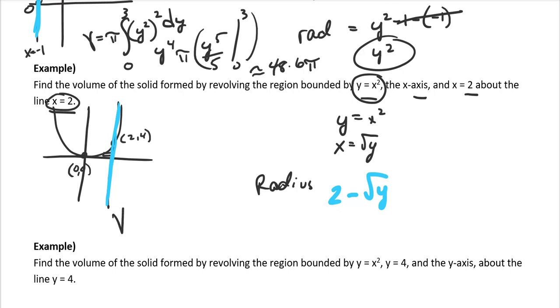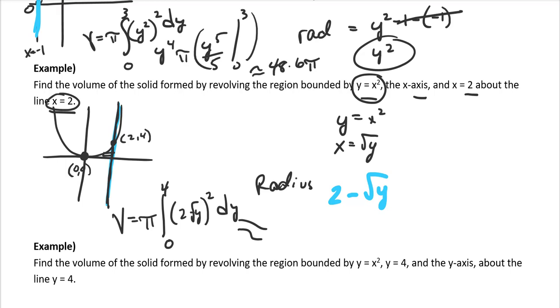So then the volume is equal to pi times the integral from 0 to 4, because we're on the y-axis, I know it doesn't look great, but it is 4, of the radius, 2 minus square root of y, squared dy. Okay? You should be able to use your calculator right now and do this.